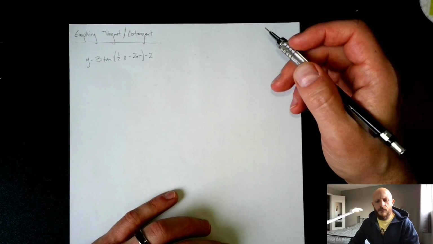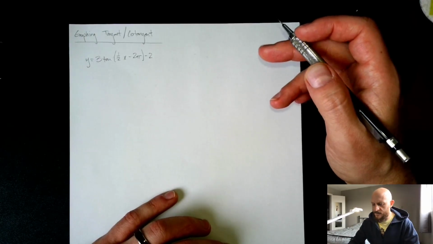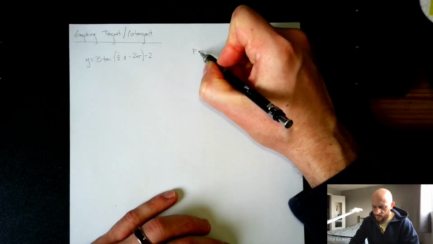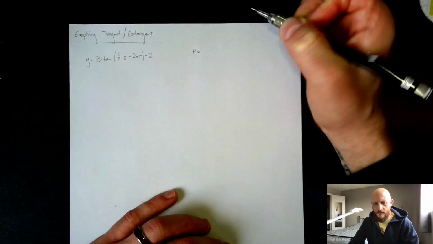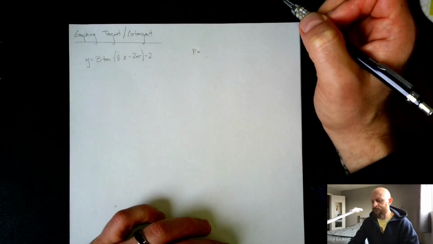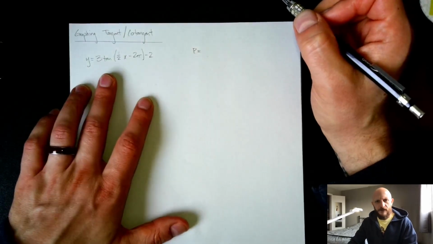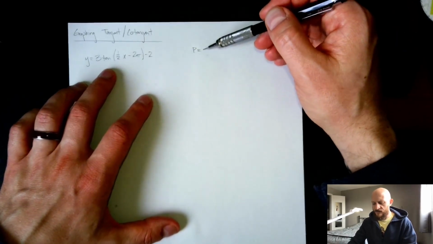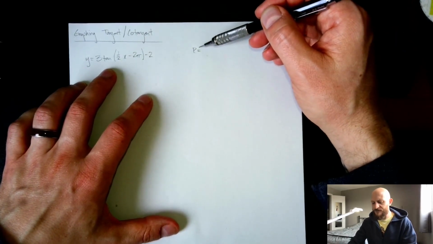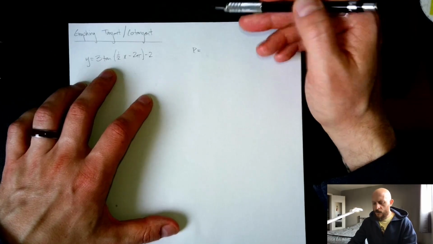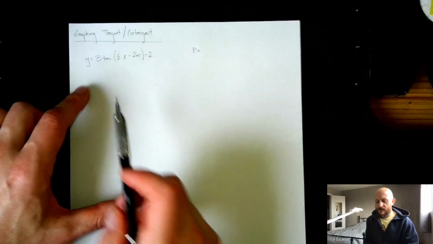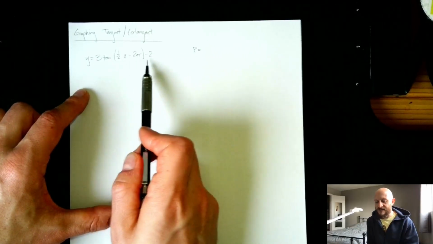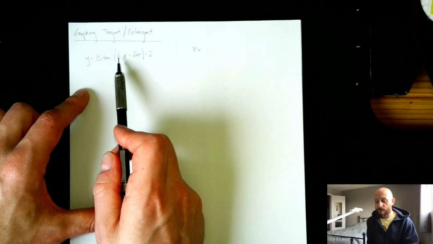So before we do that, let's write out some useful information that you might be asked at some point. The period of tangent and cotangent, the mother functions, is pi, which means that the period of a generic tangent or cotangent function is pi over b.